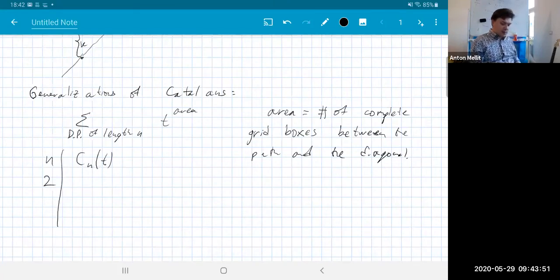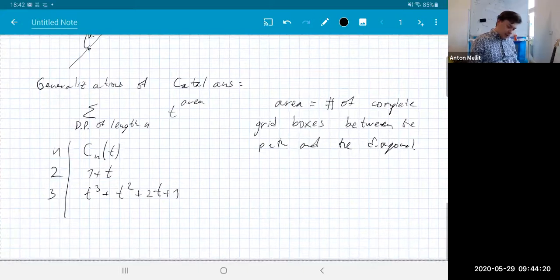When n equals 2, we have two paths. One has one square, another has no squares. So we get 1 plus t. For n equals 3, we have t cubed, which is the largest one. Then there is one like this.